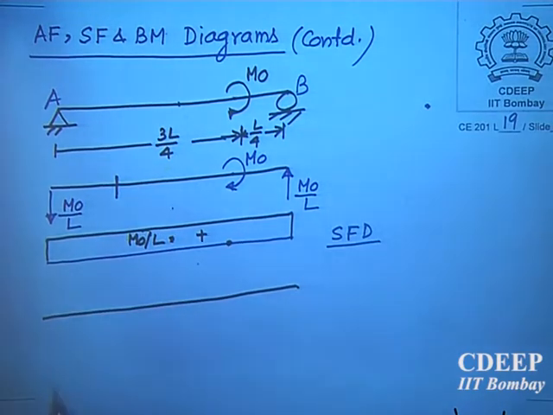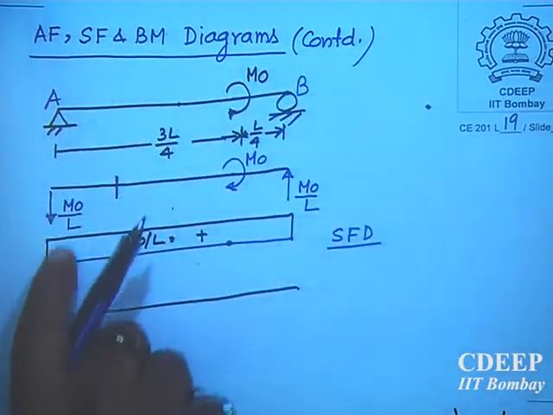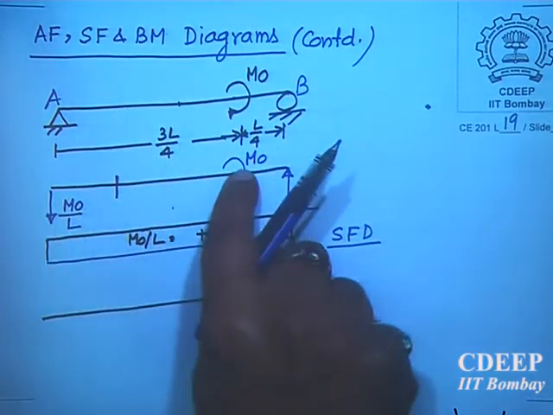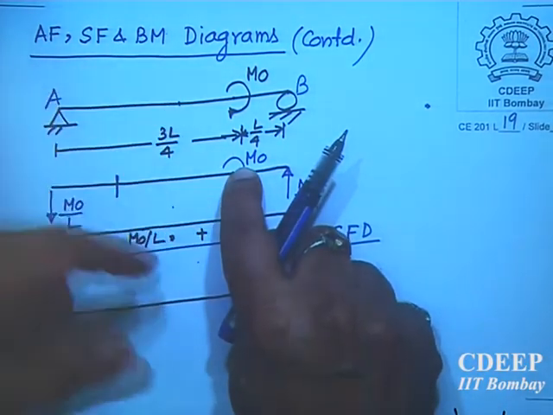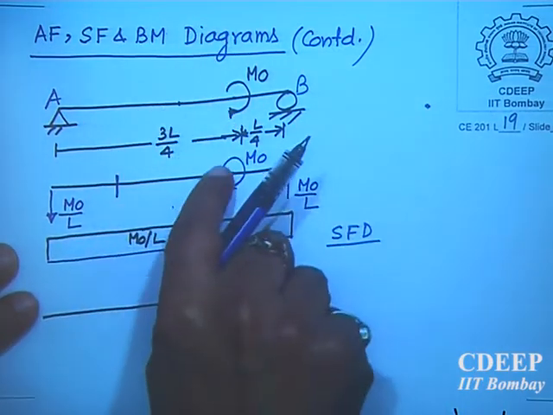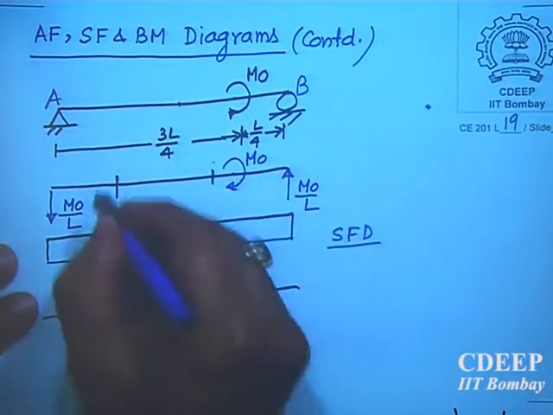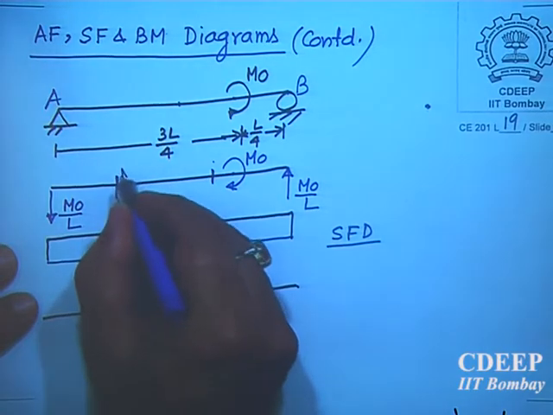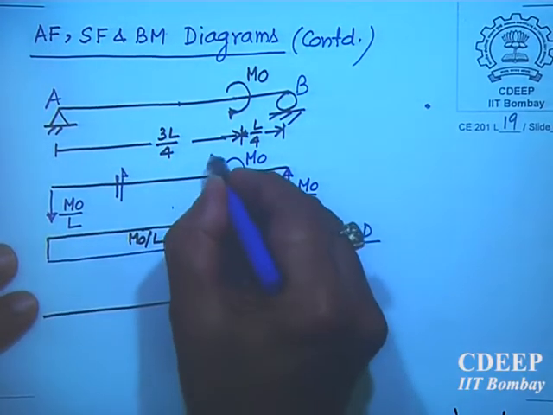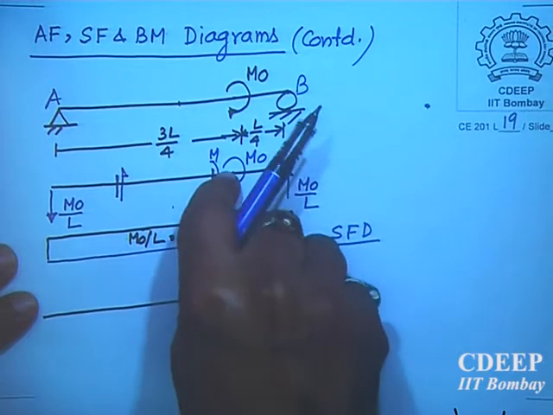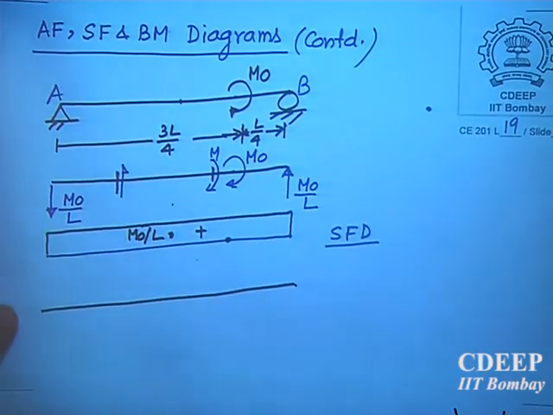Next come to the bending moment diagram. Now up to here, if I draw the bending moment, I take M naught divided by L into X as the bending moment, like this. But at any cross section, here I am talking of shear force, here let me say bending moment M. Up to here it will vary linearly.